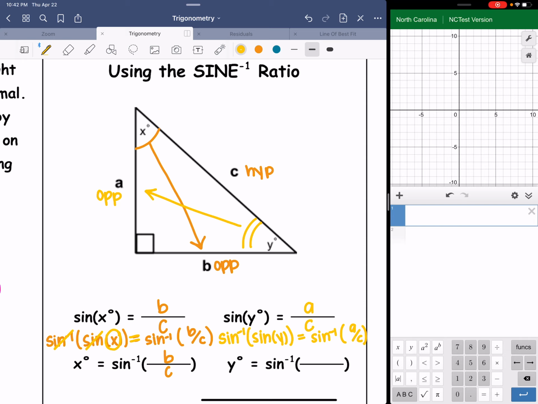Now on the left, sine inverse and sine cancel out because they're inverses. And that just leaves us with y equals sine inverse of a over c.